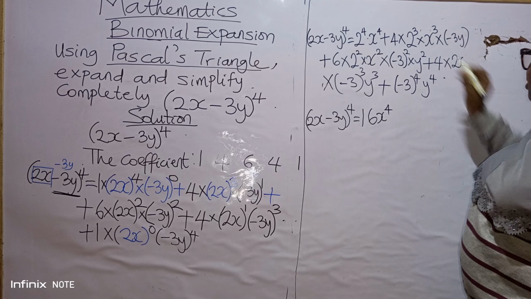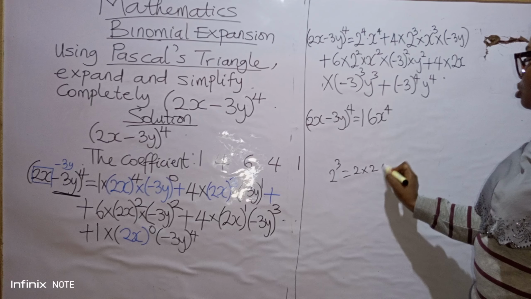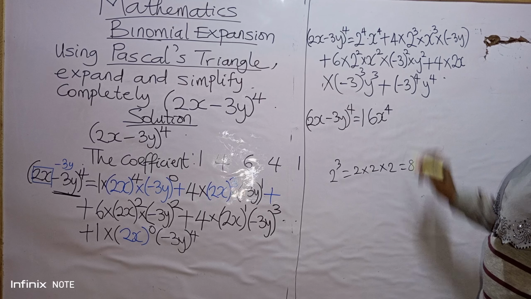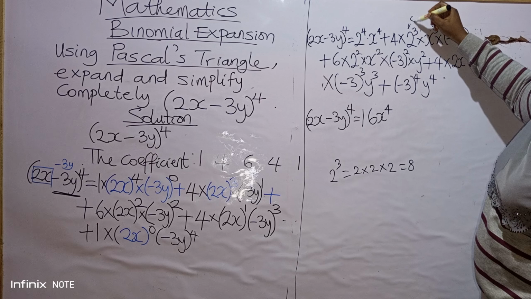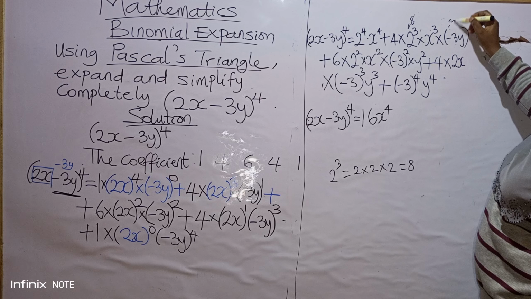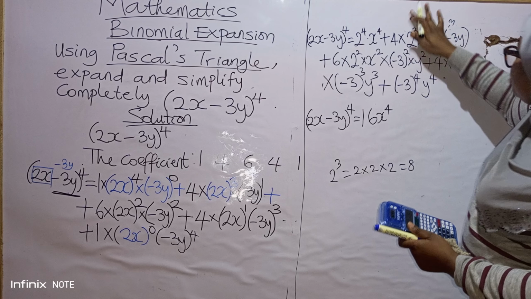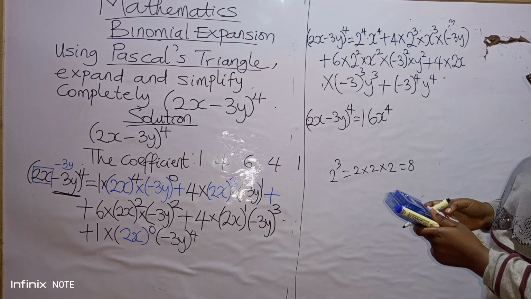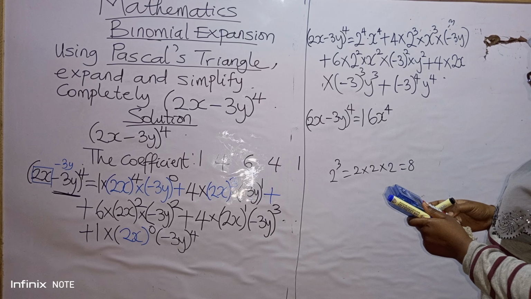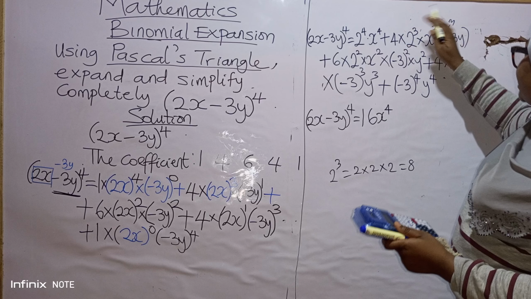What is 2 raised power 3? 2 times 2 times 2, which is 8. Then don't forget that I have minus 3 here. So it will be 4 multiplied by 8, that is 32. 32 multiplied by minus 3, that is minus 96.